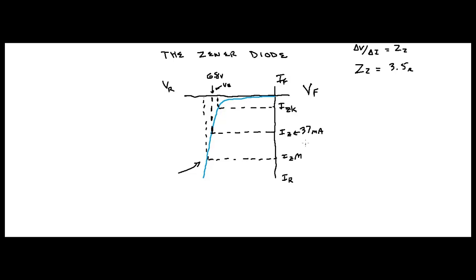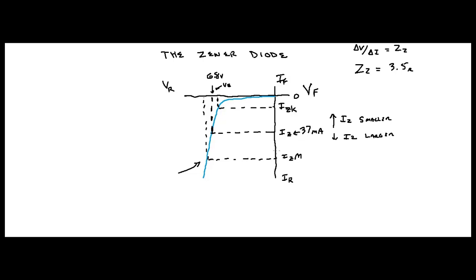So if IZ increases in this direction here, in the other direction IZ gets smaller, because when it crosses the axis, this is 0. But in this direction, IZ gets larger.